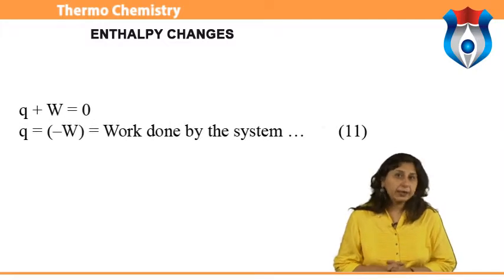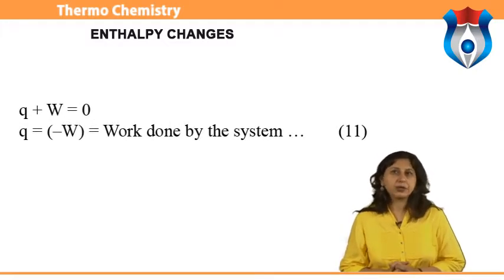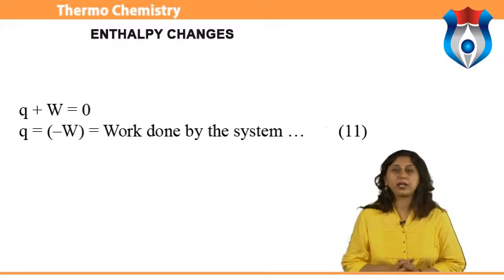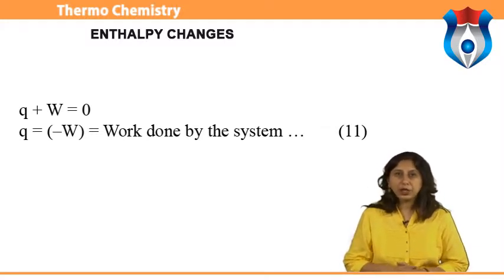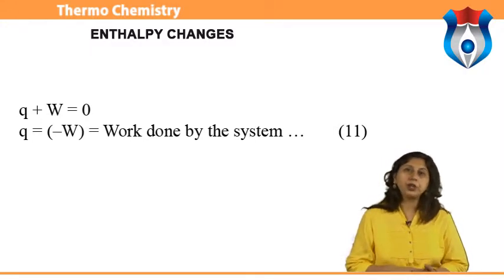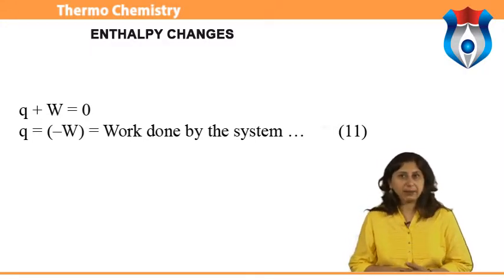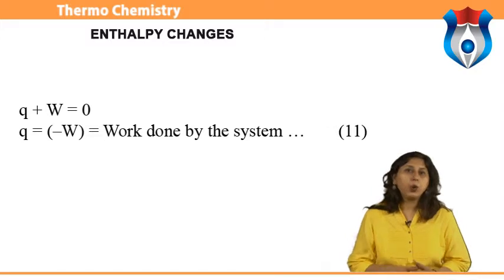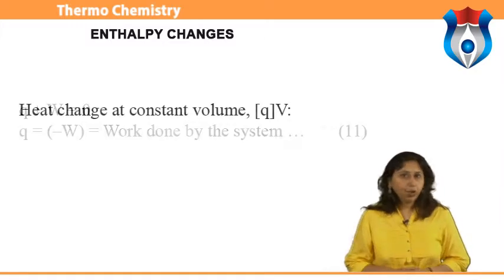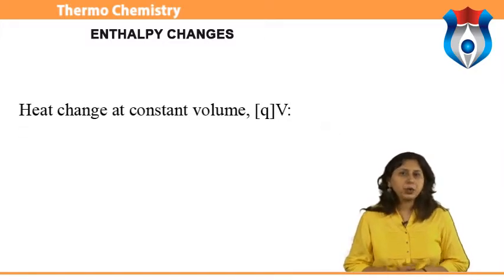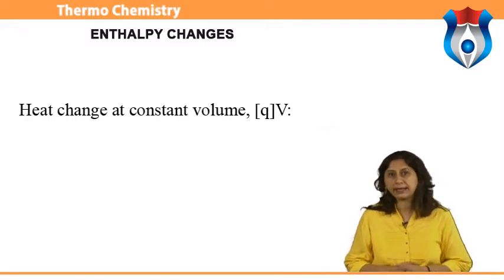Further, for a cyclic process, delta E is equal to 0. Therefore, equation 5 becomes Q plus W is equal to 0, or Q is equal to minus W, the work done by the system. According to this equation, the total heat given to the system is utilized in doing work by the system.